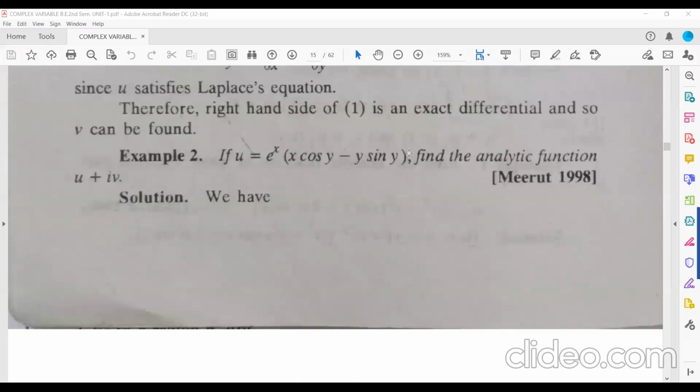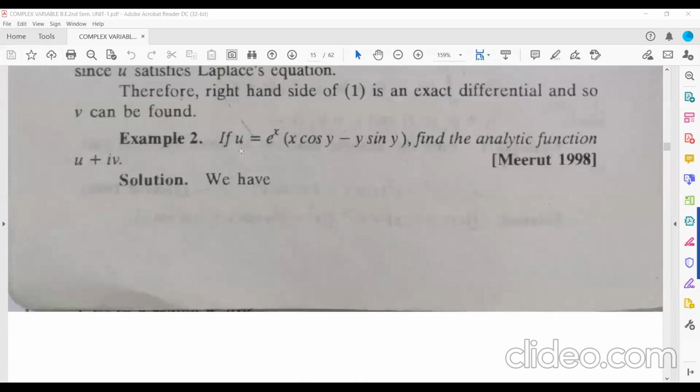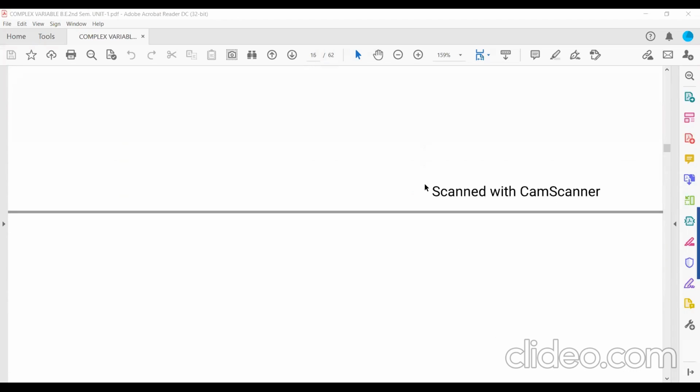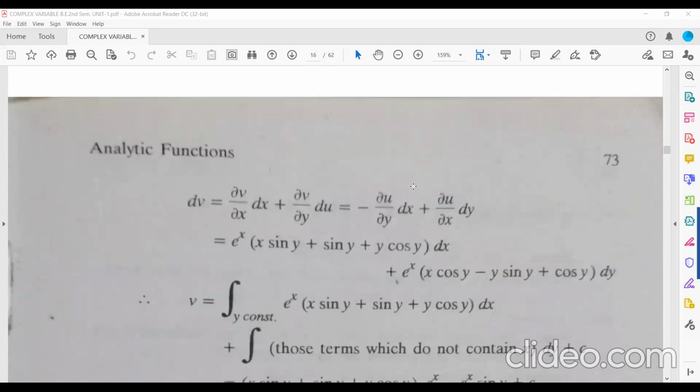Now see here, the real part is given. That is u equals e to the power x into (x cos y minus y sin y). Your question is to find the analytic function u plus iv. So u is given, that means you need to find v, and then you substitute here, you will get the analytic function f of z.